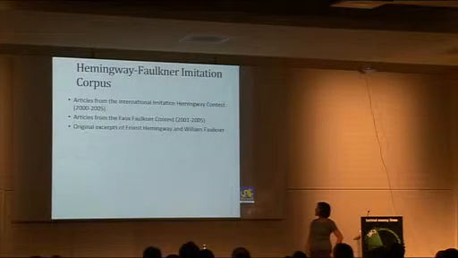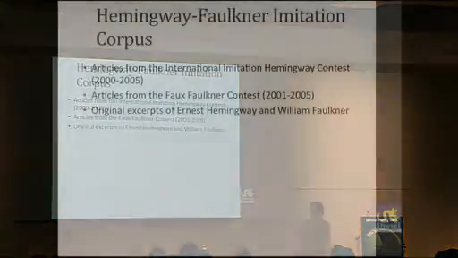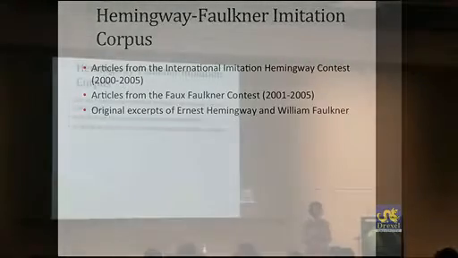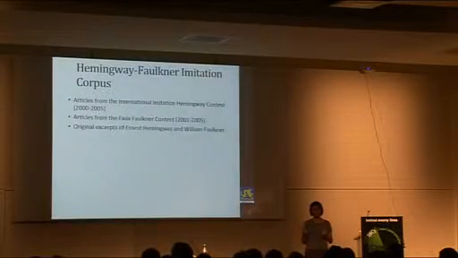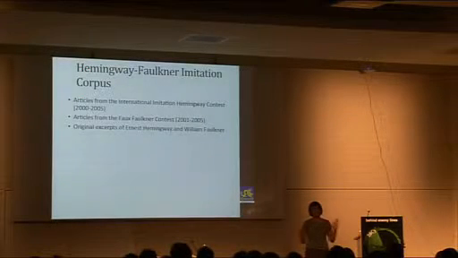To see that content similarity is not at all an issue, we used a different data set, which is the Hemingway and Faulkner imitation corpus. We collected 36 winning articles from the Hemingway and Faulkner imitation contest. In this contest, participants were asked to imitate Hemingway and Faulkner to write a 500-word document about anything they want.